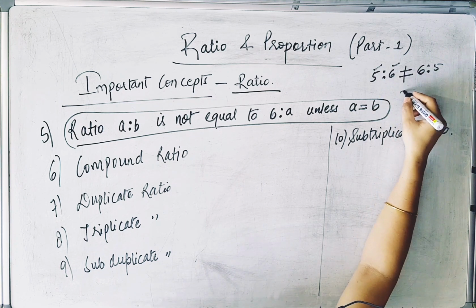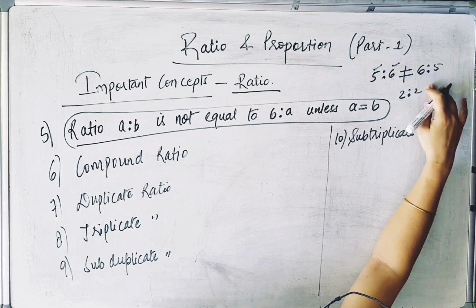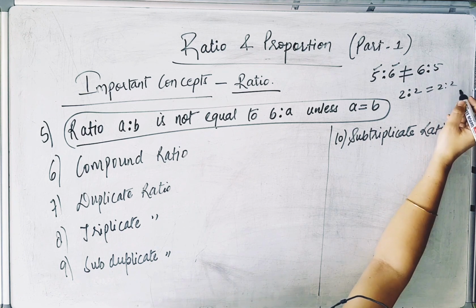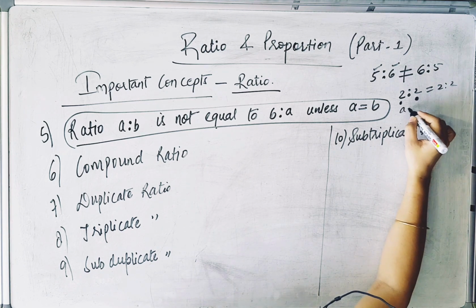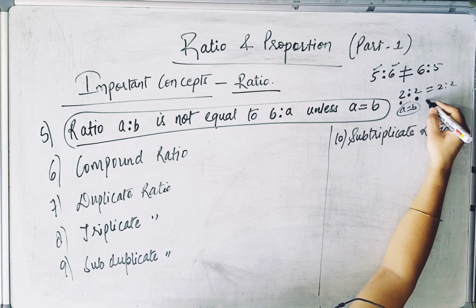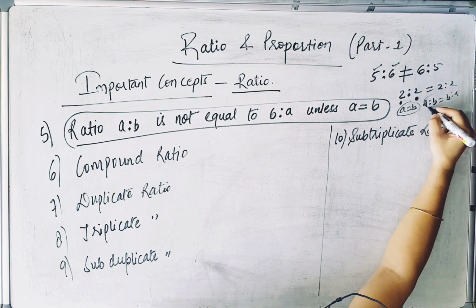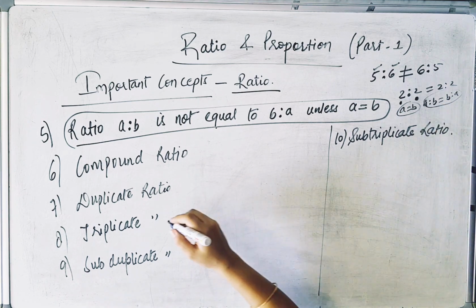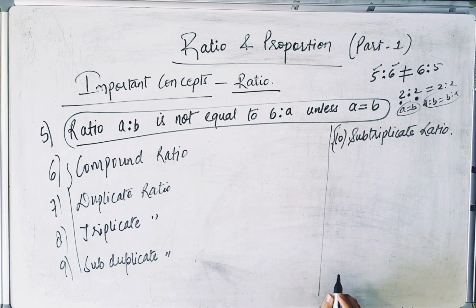Now let's suppose I have written 2 is to 2. So 2 is to 2 will be equal to 2 is to 2. So if A and B are equal, the ratio A is to B will be equal to B is to A.